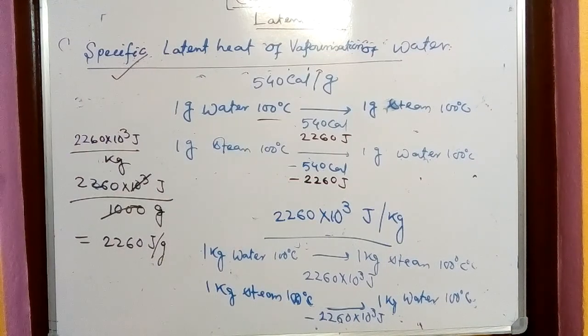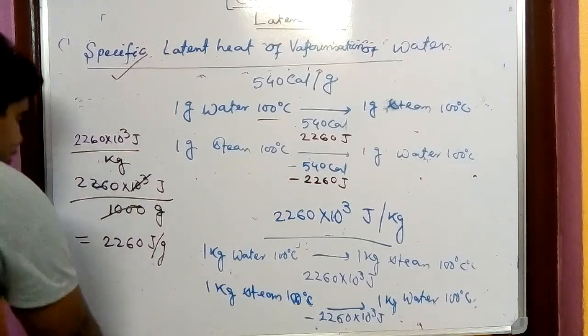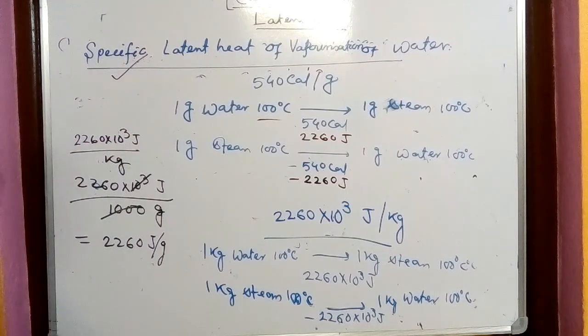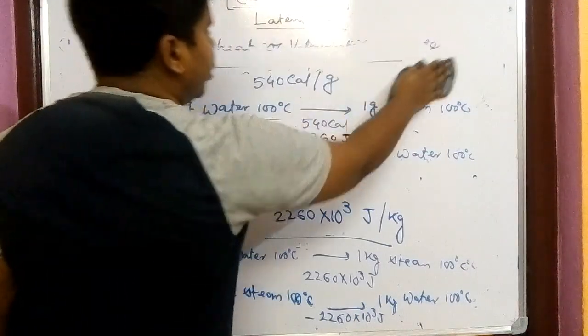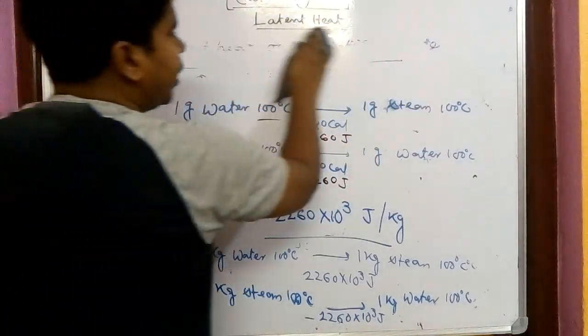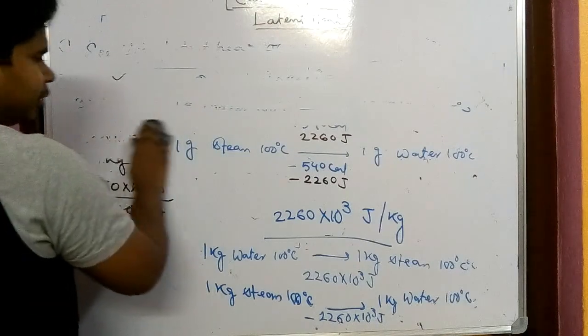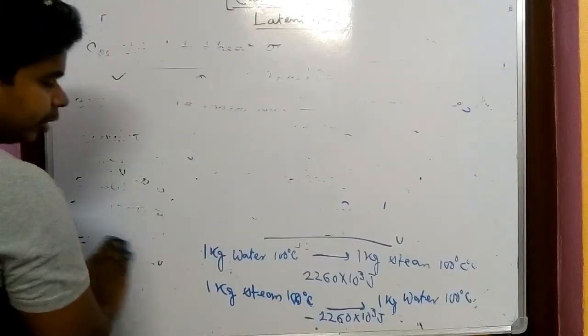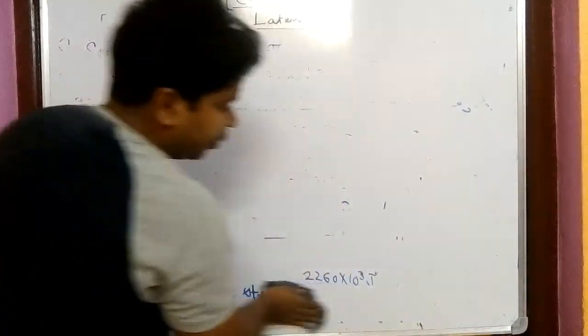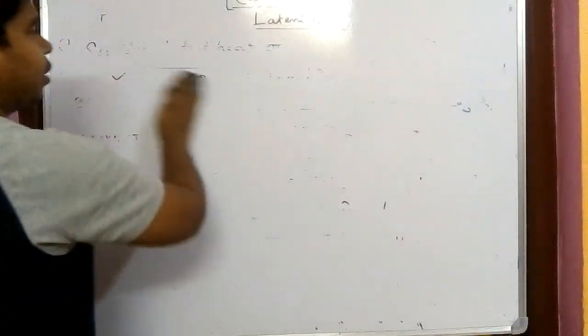Okay. Now I have to explain more about latent heat with the idea of the kinetic theory of molecules. I think it will be easier for you. And if you have not written this down, just pause the video and write it down.